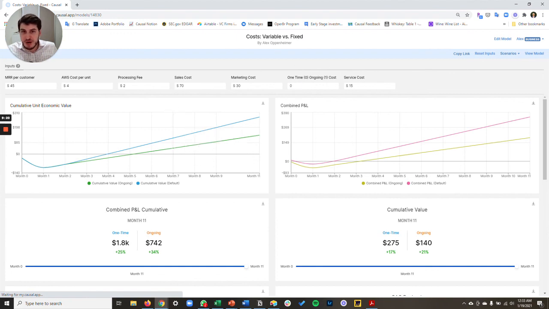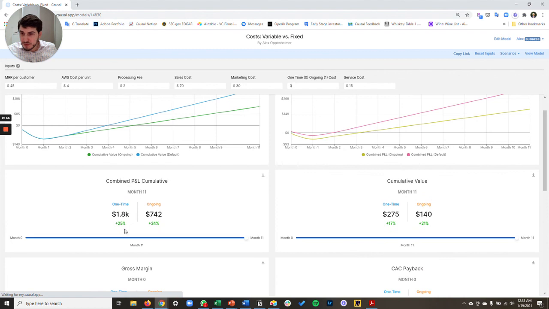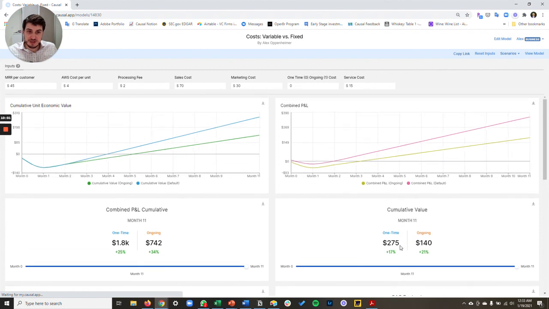This is a very simple model that runs a couple different scenarios at the same time, so you can just see the illustration here. This has $45 MRR, an AWS cost of $4 per month, a processing fee of $2, right? Sales cost of $70, marketing cost of $30. So these are going to be one-time expenses. The AWS cost is only $4, but the service cost is $15 per month. So if we flip this to being a one-time cost, like it is now, then the cumulative value is $275 for that customer.